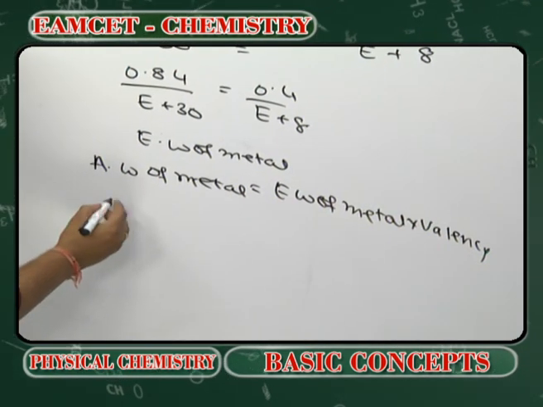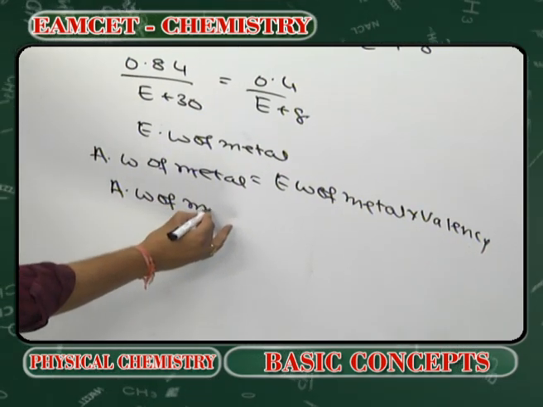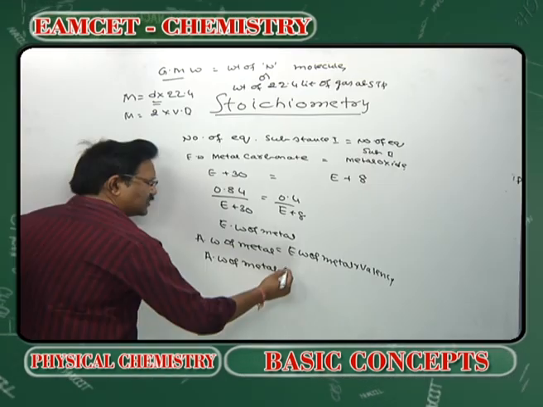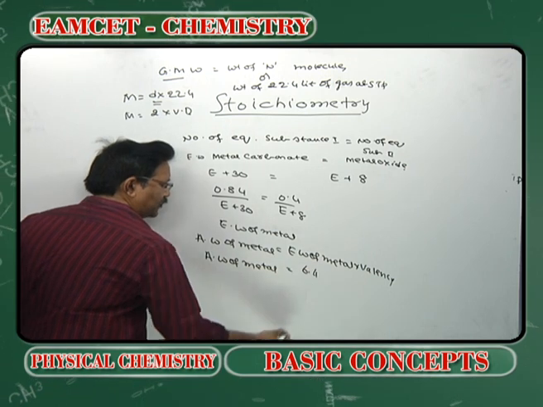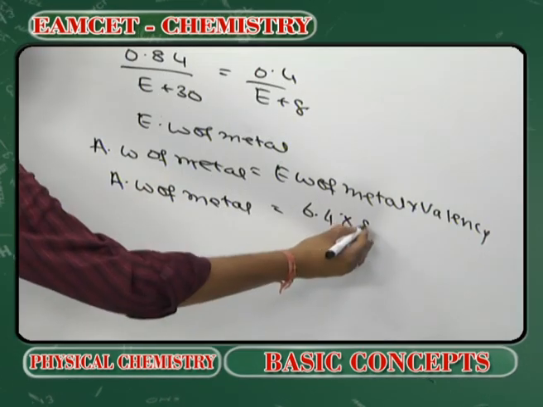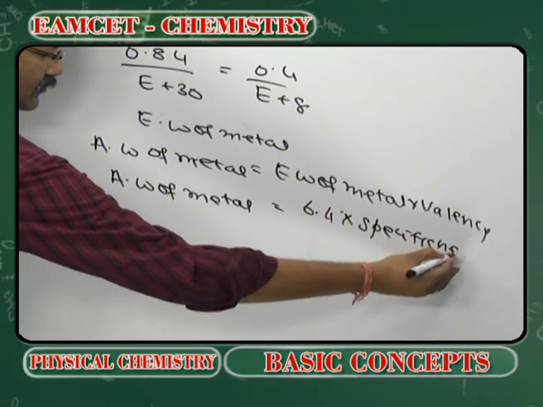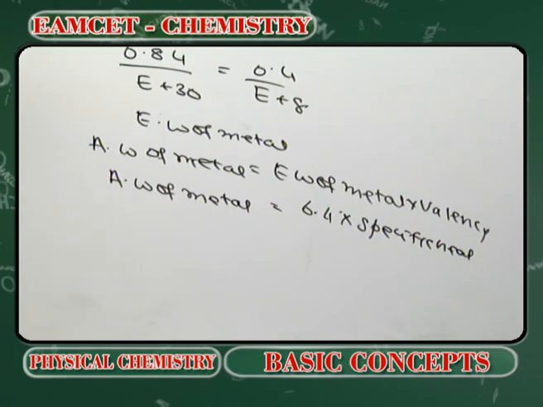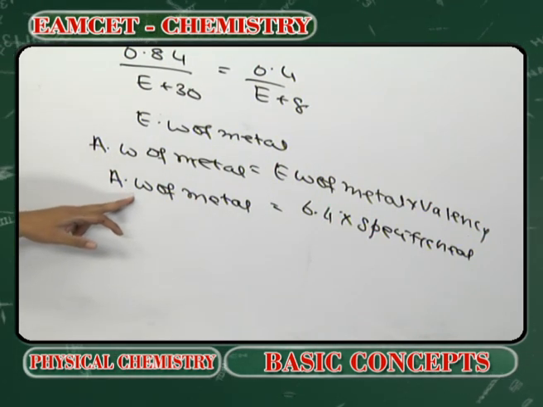And what is the other formula for the calculation of the atomic weight of the metal? Atomic weight of the metal is 6.4 by specific heat.